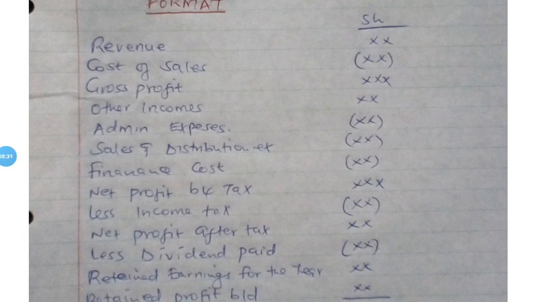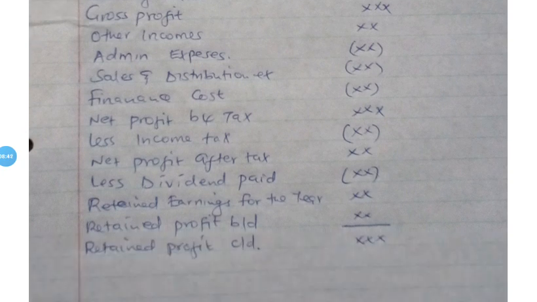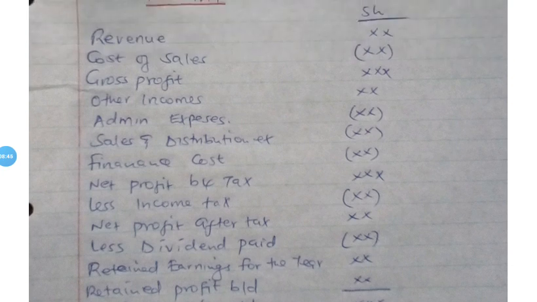So I'd like you to observe that we have one line, all the way from revenue down to where you get the retained profit carried down. Those figures are on one line. And there are no additions that we are doing inside our income statement.